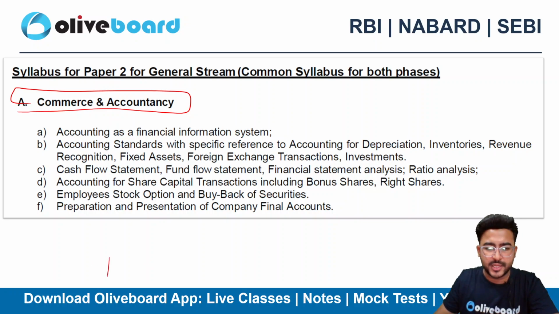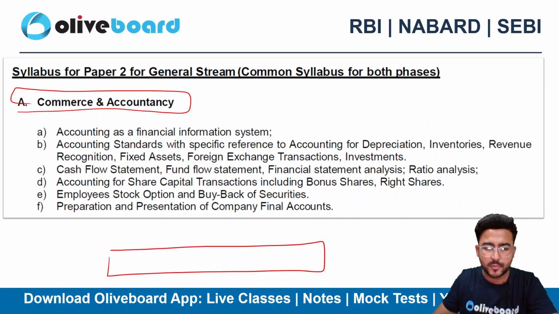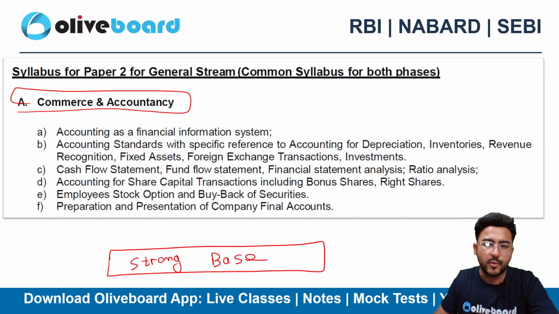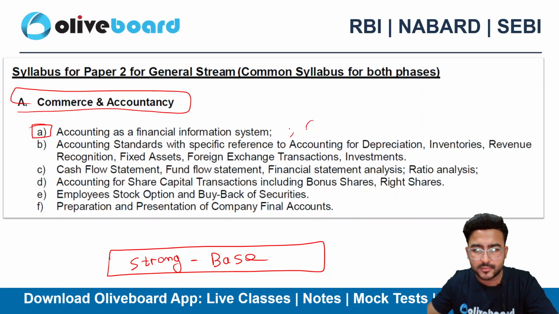So first what you need to focus on is building a strong base. Now what are the topics which we can call base topics, basic topics? So this is number 1. I would like to add concepts and conventions.